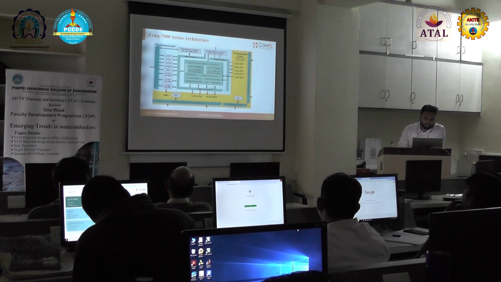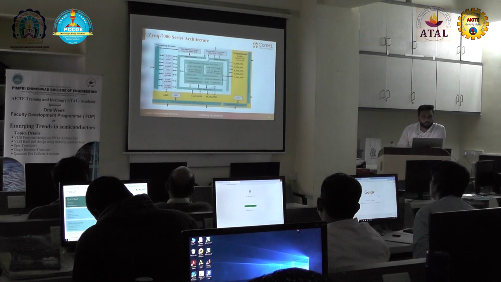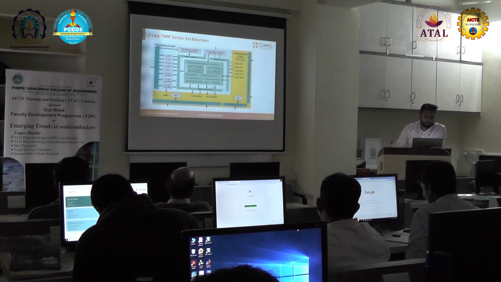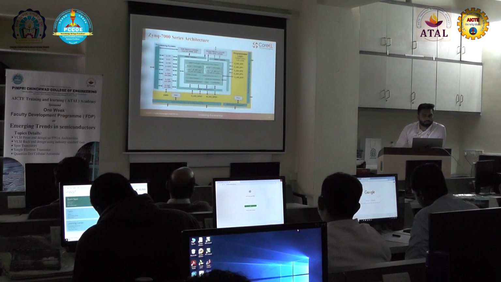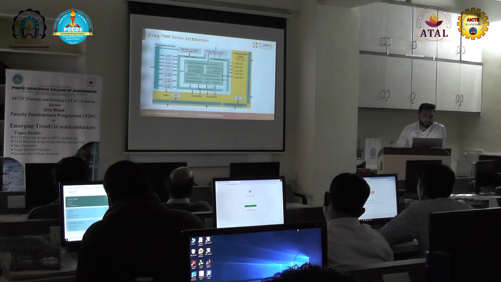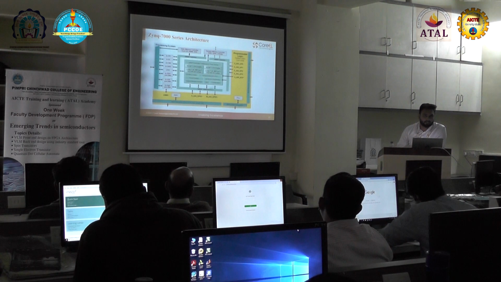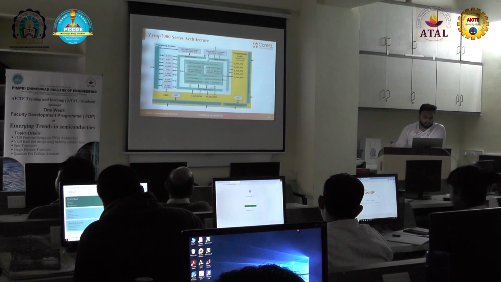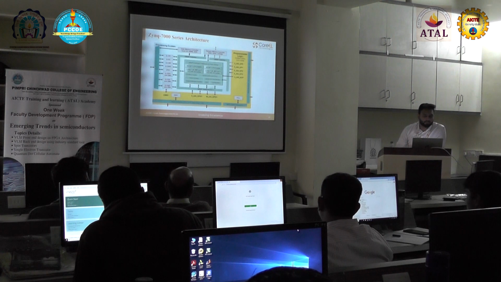And the Snoop Control Unit, SCU. This plays an important role because it is responsible for any changes that happen in the Cortex or in the L2 cache. Those updated signals will be handled by the SCU.